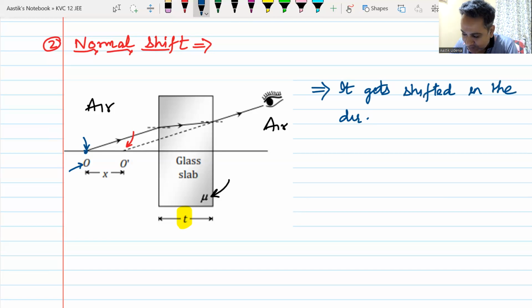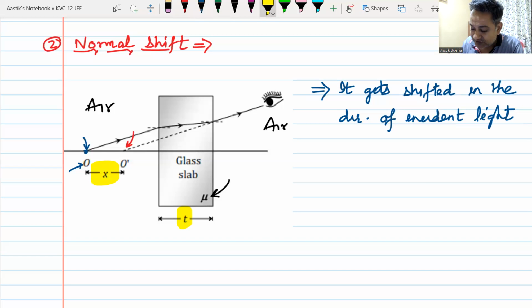Do we understand this? Yes, sir. The object will always get shifted in the direction of incident light. As you can see, this X is the shift and this X is known as the normal shift. Do we understand this?